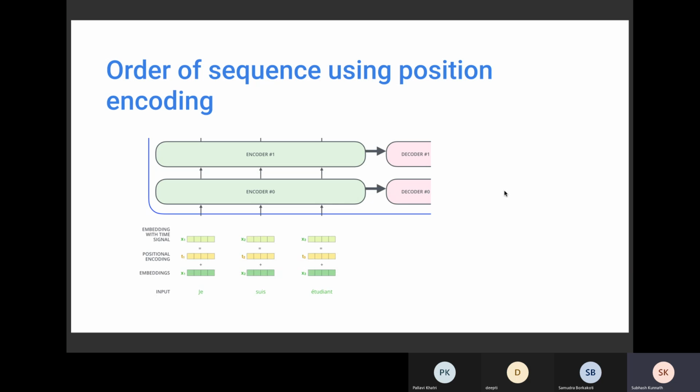So that's the place where position encoding is used. The idea is that you have embeddings, and then you have certain vectors of the same length which indicate the position of that particular word in the sequence, and you add those and create a final vector, which is then fed to the other modules.